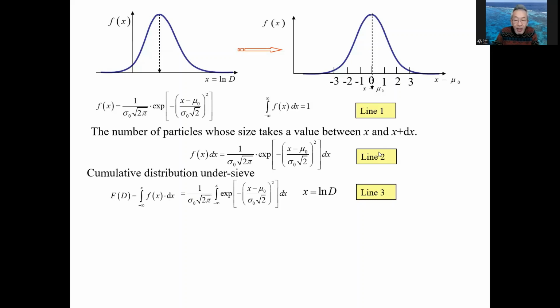Please note that the lower limit of D is 0, but the lower limit of log D is minus infinite, as I mentioned above.